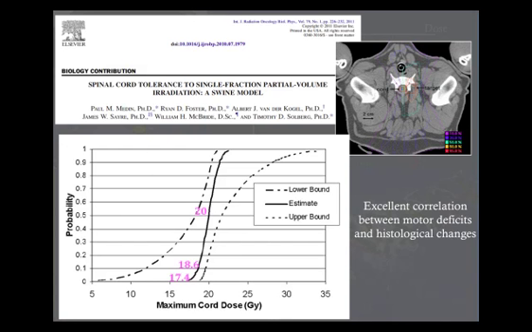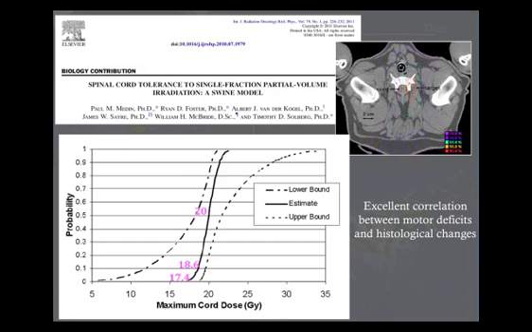For instance, a neurofibroma will respond to 12 gray, as we treat acoustic neuromas in the brain. Spinal AVM, the same thing. To control spinal metastasis, we do need preferably doses higher than 14, 16, 18 gray.